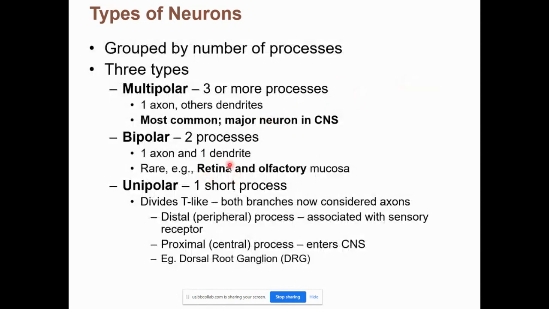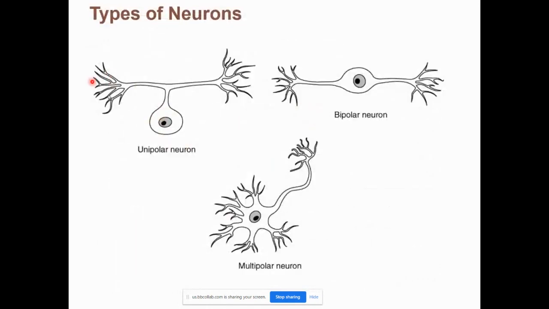We see that in a couple of our senses, in our eye and in our sense of smell, olfactory, in the linings. But that's it, only those 2 locations. And the unipolar, so basically you have dendrites on one side going into the cell body, but then it uses the same little branch as the axon to move out to the axon terminals.